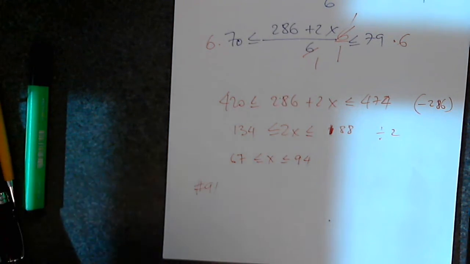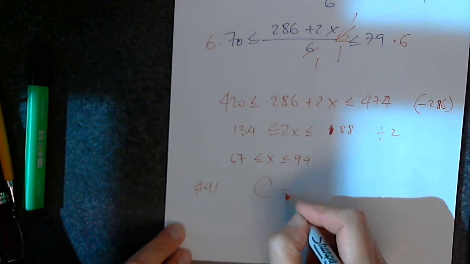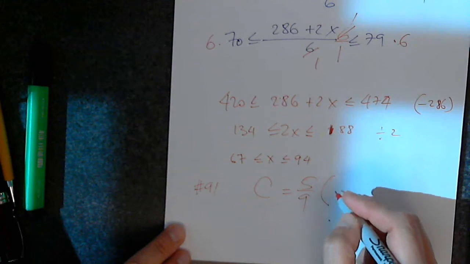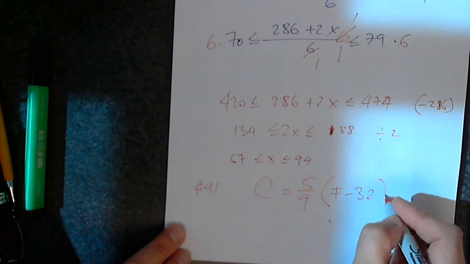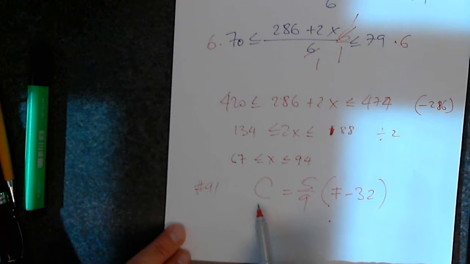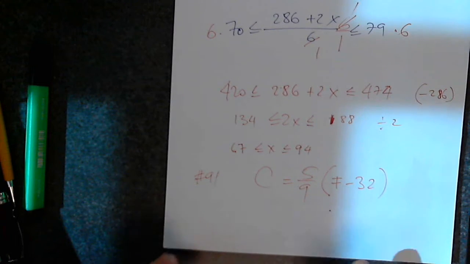So let's look at the formula for converting Fahrenheit temperatures to Celsius temperatures: C in Celsius equals 5/9, and quantity F minus 32. So if I have Fahrenheit, I can determine Celsius, and vice versa. If I have Celsius, I have to solve for F and find the degrees of Fahrenheit.